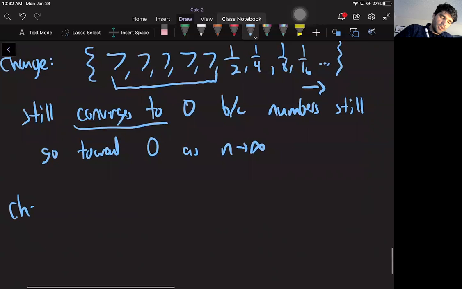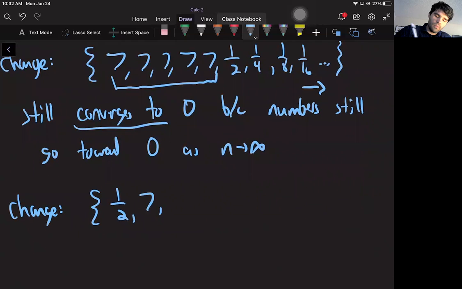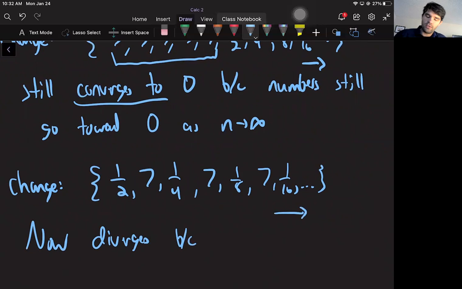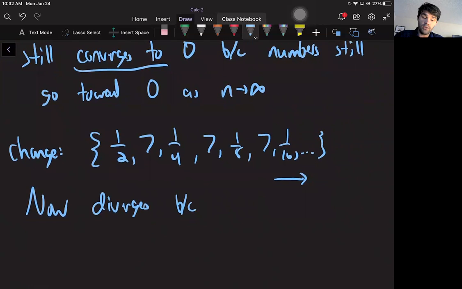What about if I change it in this other way and I just put a 7 in between every term? Well, now it's actually going to diverge, because as you go forever onward down the list of numbers, it never goes towards 0 because it keeps popping back up to 7.